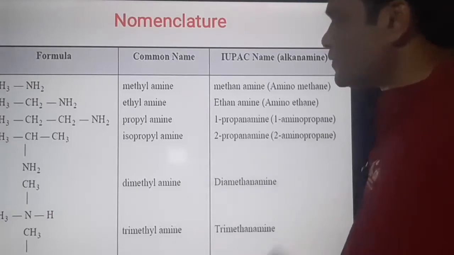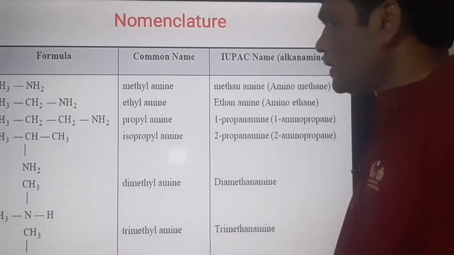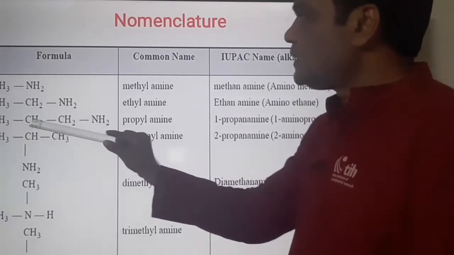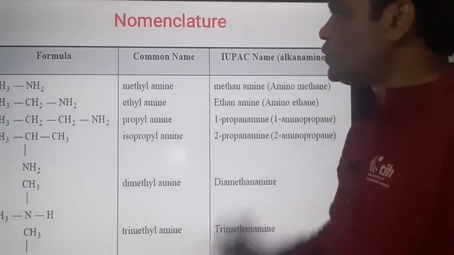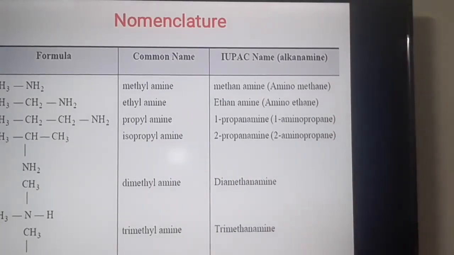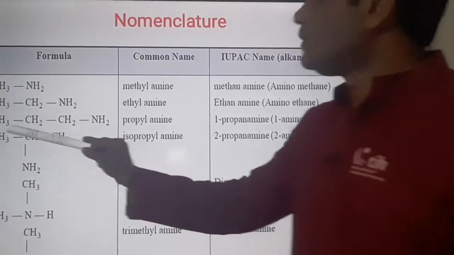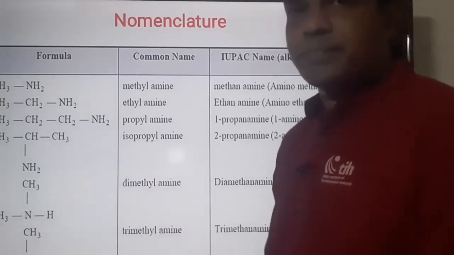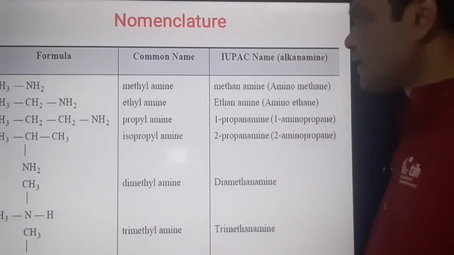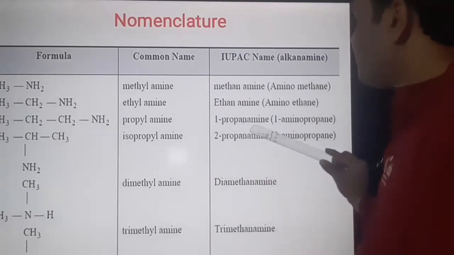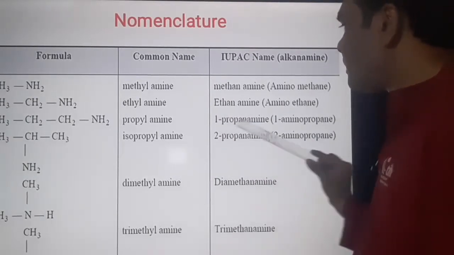Remember, it is continuous word, ethanamine. It is CH3CH2CH2NH2. What is its common name? Propylamine. And what is the IUPAC name? How many carbons are there? 3. So, it is propane. 3 carbon means propane. Replace E with amine. So, it is propanamine.